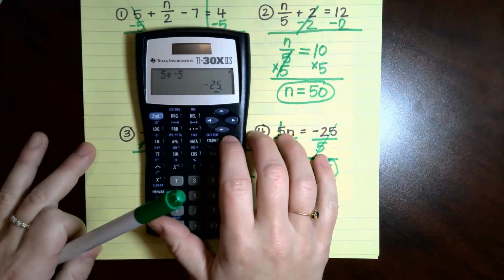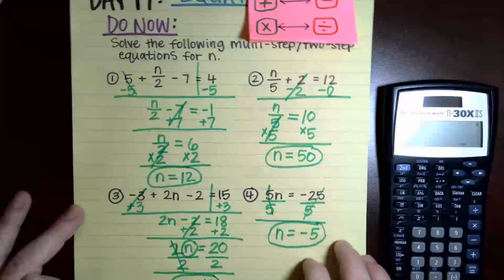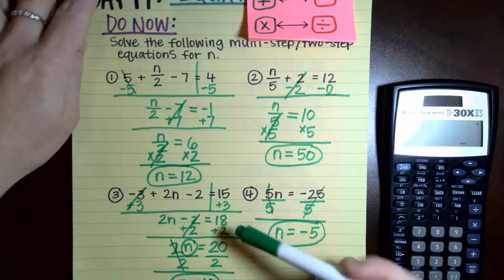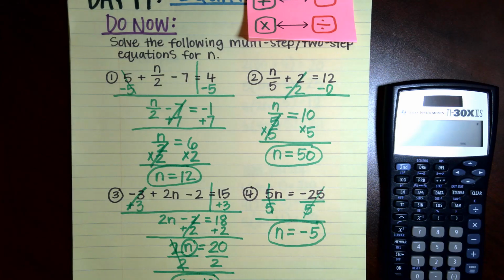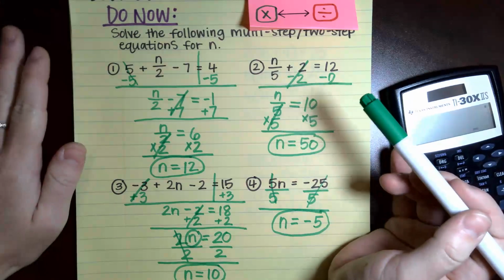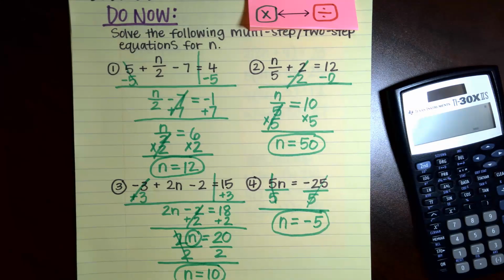All right, so we have been solving equations for the last couple of days now. We've been doing multi-step equations. We've been doing our one-step and two-step equations. And every time that we solve them, we always do them in a specific order. First of all, we do addition and subtraction.